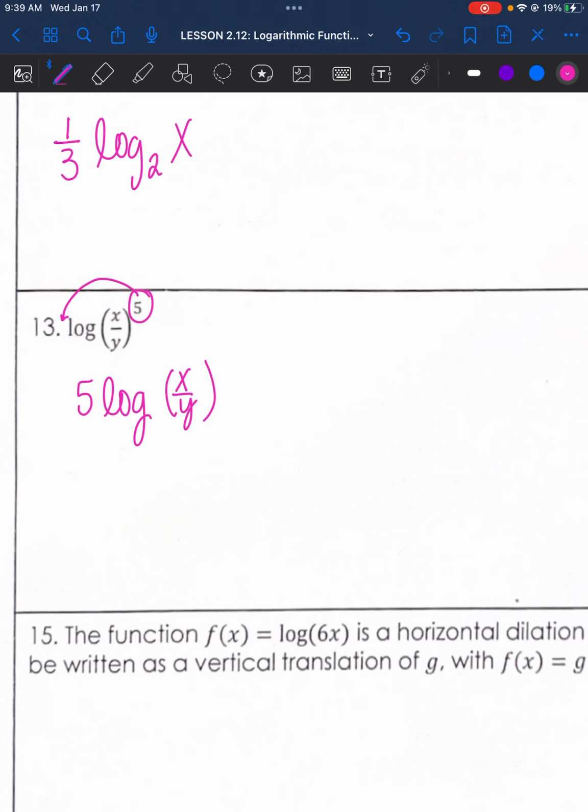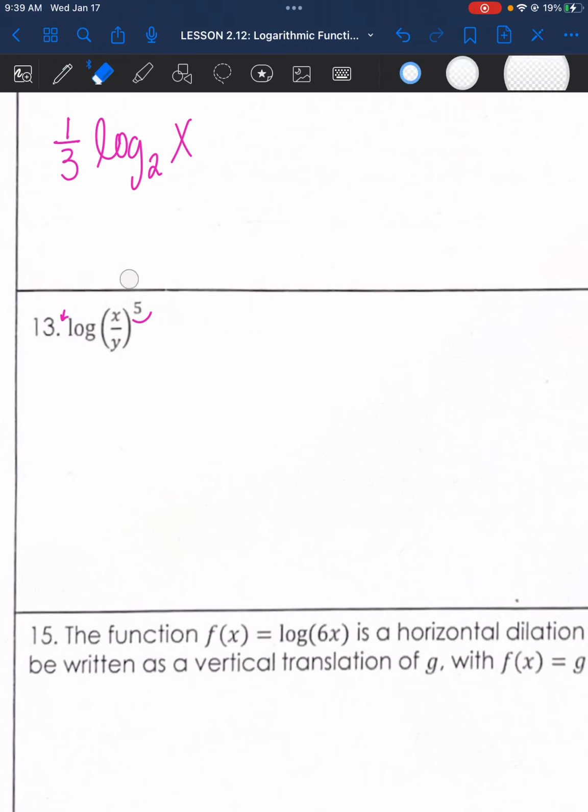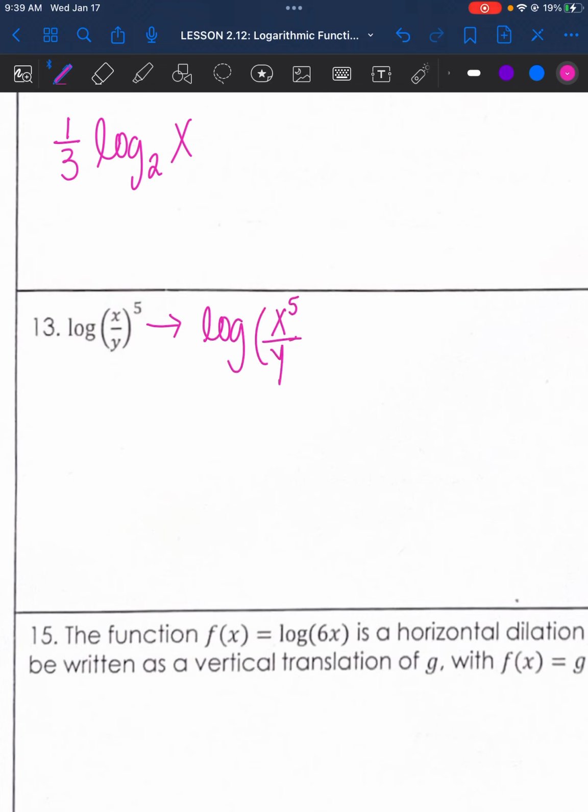That 5 goes with all of the logs. So actually, let me back up. This is technically the same thing as log of x to the 5th over y to the 5th.